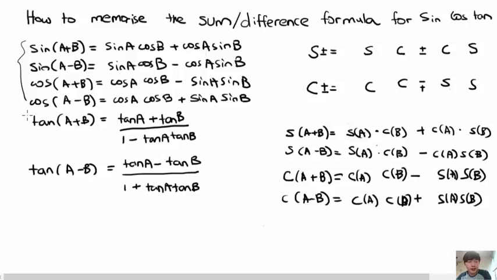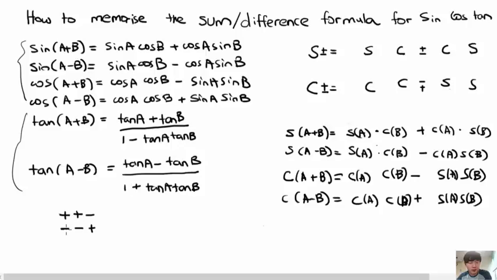Now, let's go for tan, okay? Again, for tan of A plus B, it's tan A, tan B, and then tan A and tan B again. So what's the mnemonic you can use for this one? For tan, it's plus, plus, minus. If it's minus, it's minus, minus, plus.